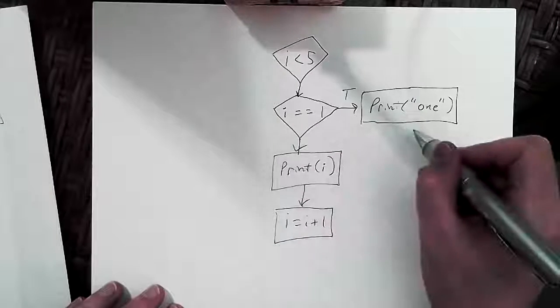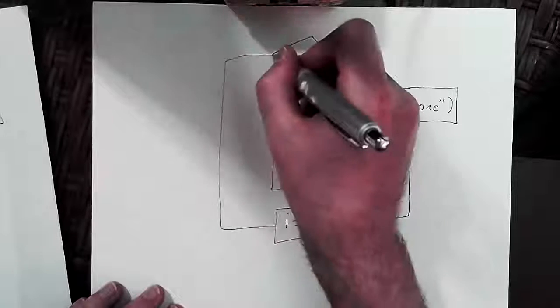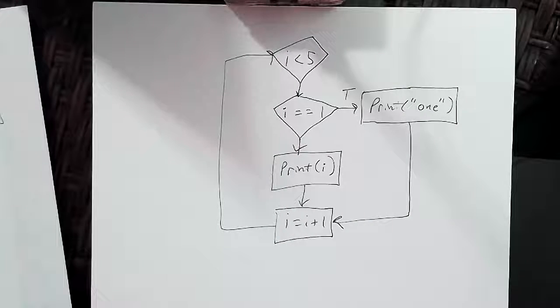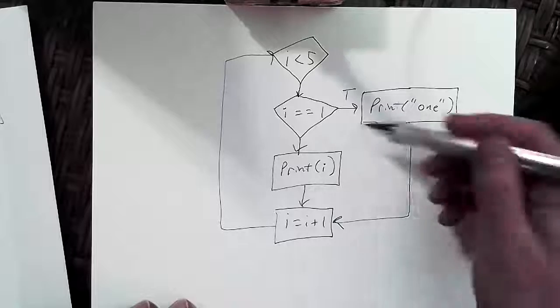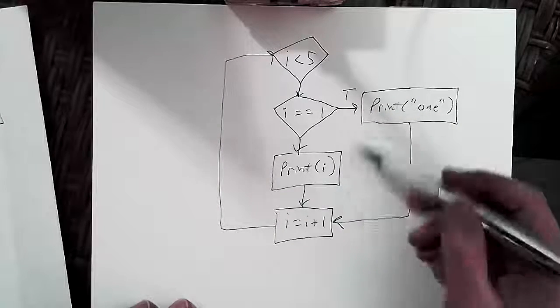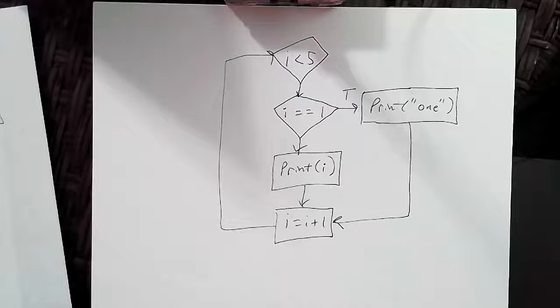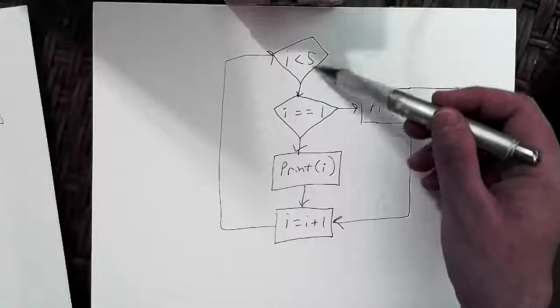Either way. And then we'll come back around. So this whole part here will be an if statement. So something that branches off to the side, does something, and possibly skips something is an if or an if else type thing.